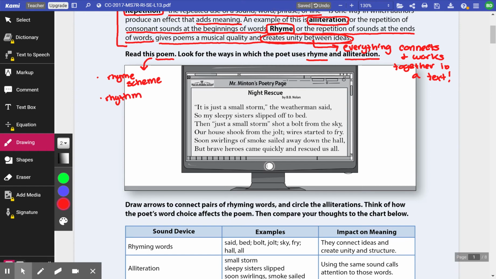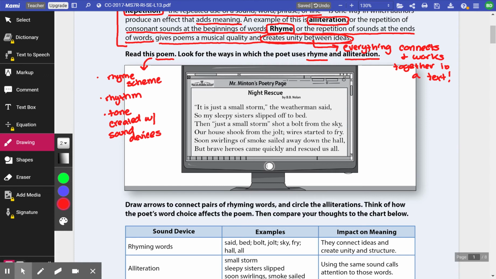Not all poems have a consistent rhyme scheme or rhythm, but we know that that's something we're going to have to look for. We can also think about tone as we analyze this poem and see if the tone is helped created with certain sound devices: rhyme, alliteration, assonance.